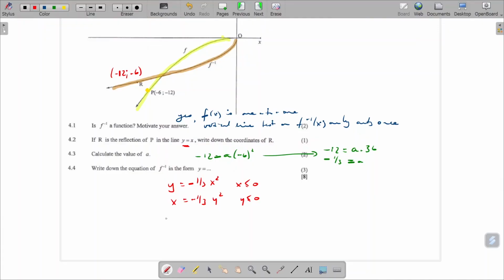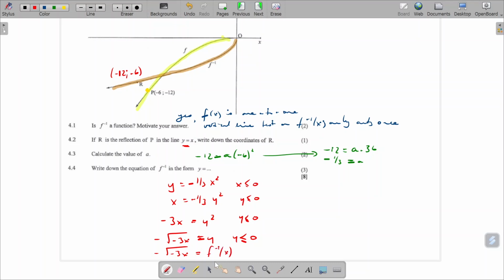Okay, so minus 3x equals y squared, y is less than 0. Therefore, the negative square root of negative 3x equals y, y is less than 0. As a result, we have that negative square root of negative 3x equals f to the minus 1 of x.